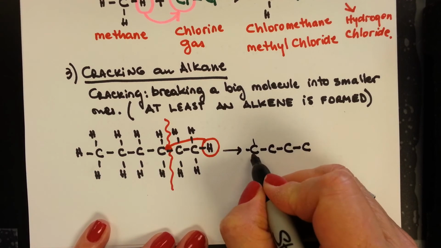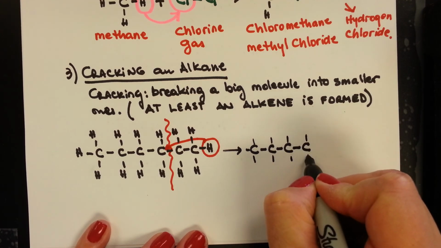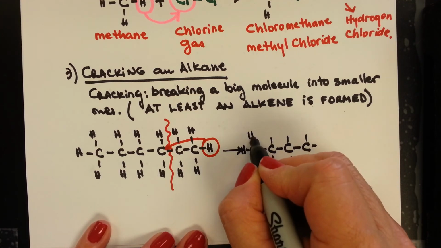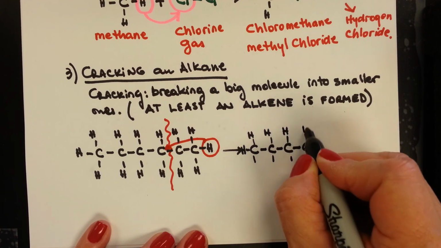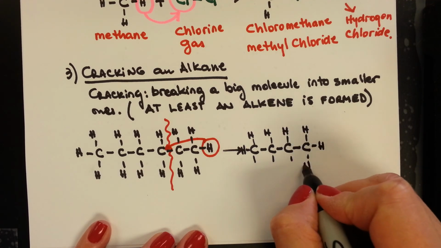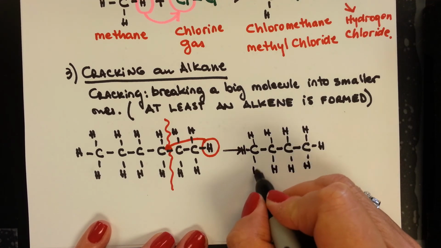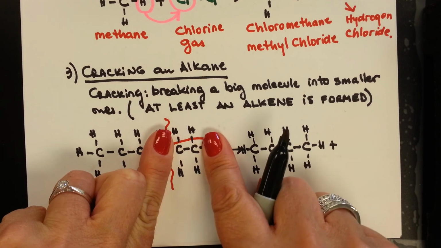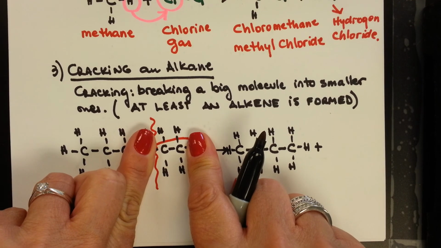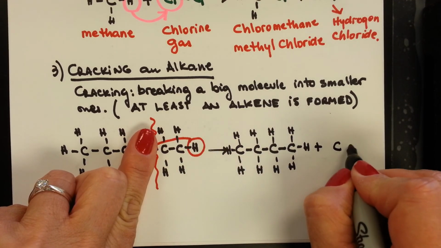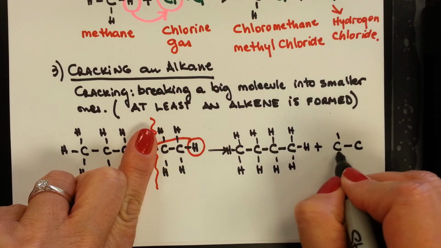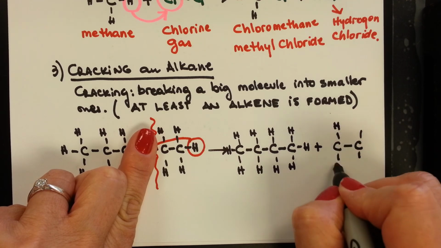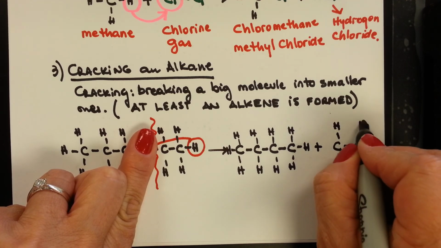So we're going to have 1, 2, 3, 4, 5, 6, 7, 8 hydrogens. Now, what is left is this part here, and that is two carbons with 4 hydrogens. So it's going to be carbon, carbon, and hydrogen, hydrogen, hydrogen, and hydrogen.